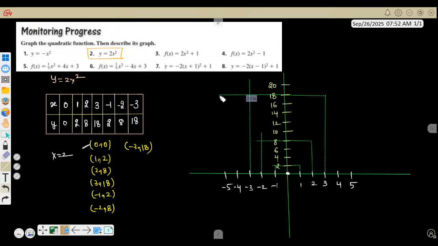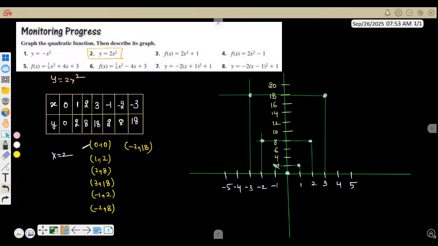You got it? These are the points. Which points? This point, this point, this point, this point, this point, this point, this point.